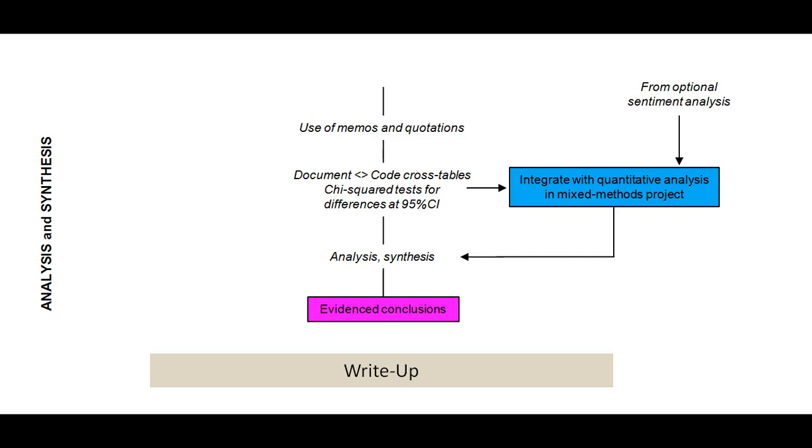Using the software, you can view all the instances of a code across all resources, and in this way start to build a synthesis of each code, code families, and networks of codes that lead to robustly evidenced conclusions as to the answers of each research question.